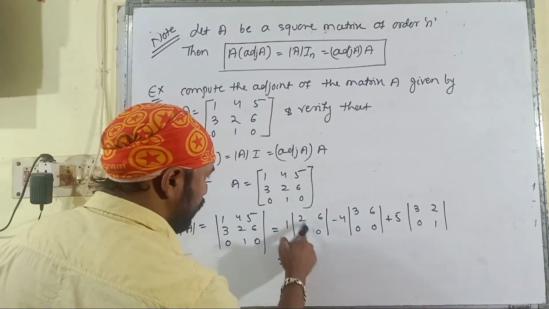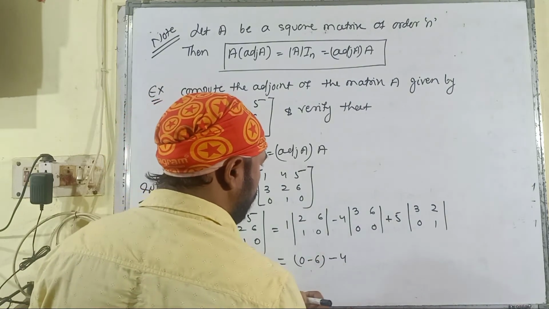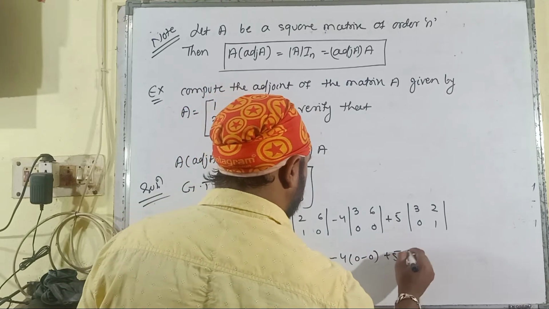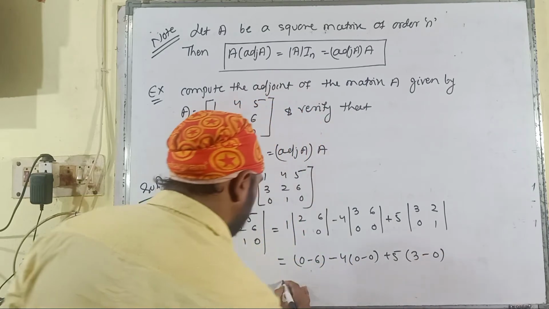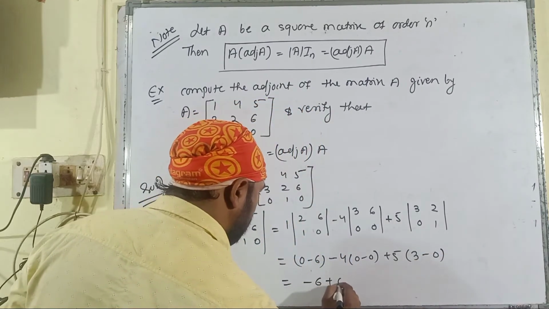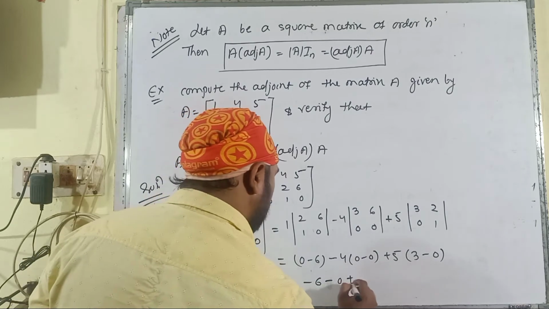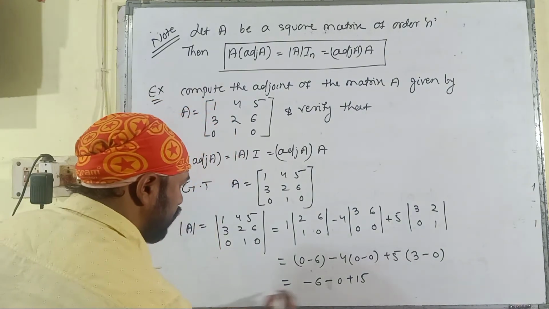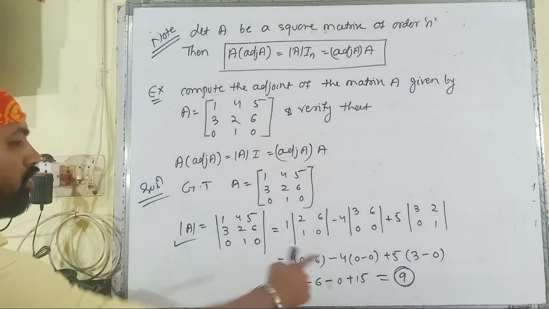Then it is 0 minus 6, minus 4 multiplied with 0 minus 0, plus 5 multiplied with 3 minus 0. So it is minus 6 plus 0, then plus 15. That means determinant of A is equal to 9.